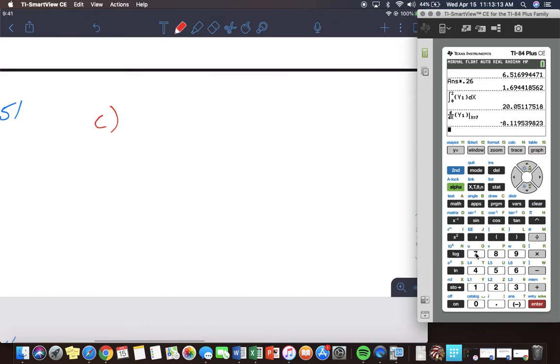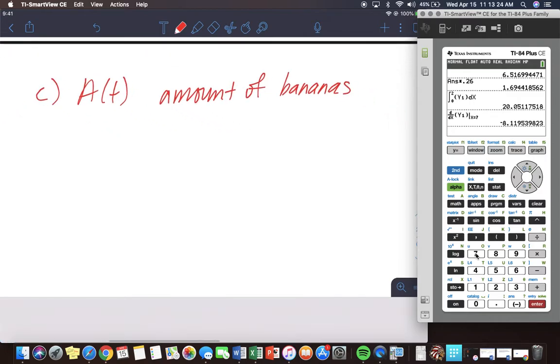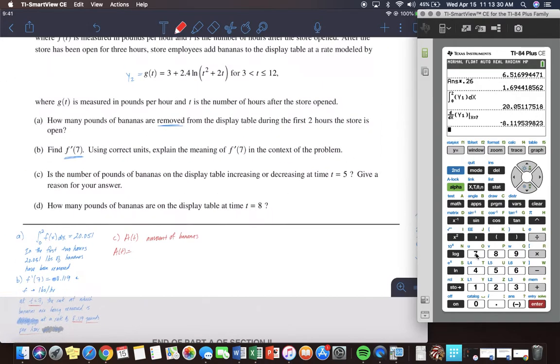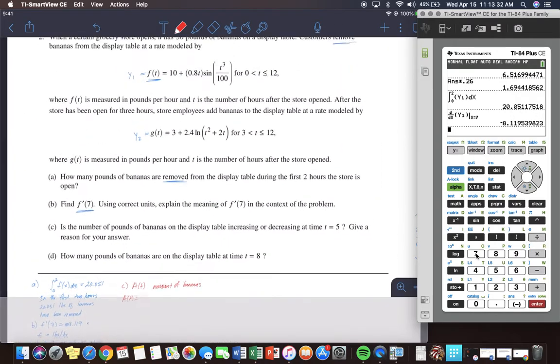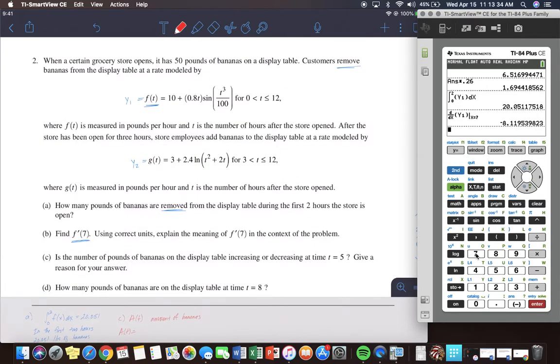For part C, if we let A of t be the amount of bananas, at any given time we can find the amount of bananas on the table. A of t would equal your initial amount of bananas on the table. It says when a grocery store opens, it has 50 pounds of bananas on the table.